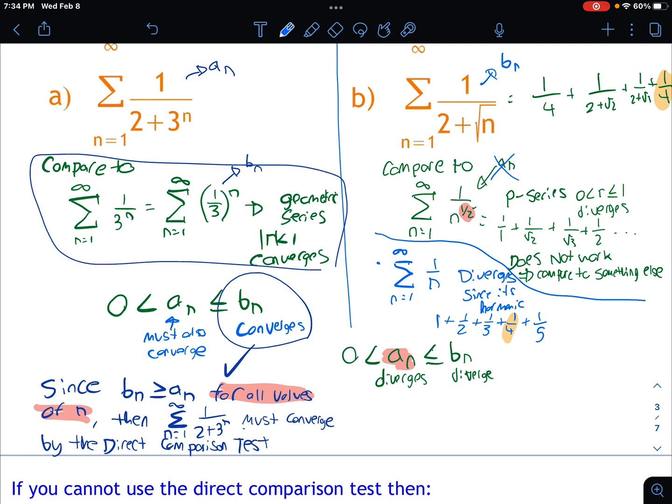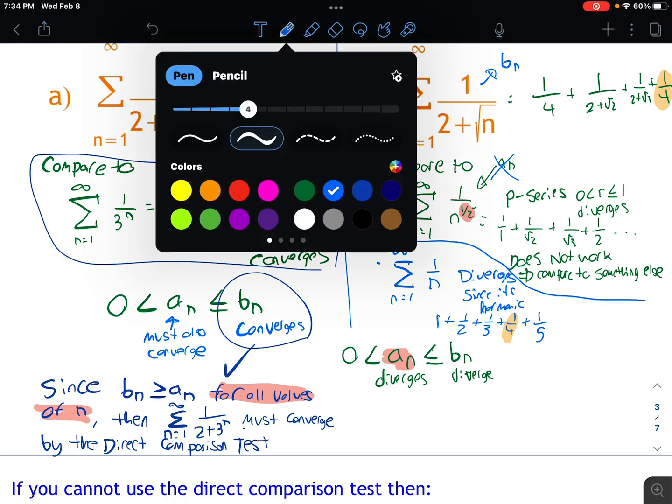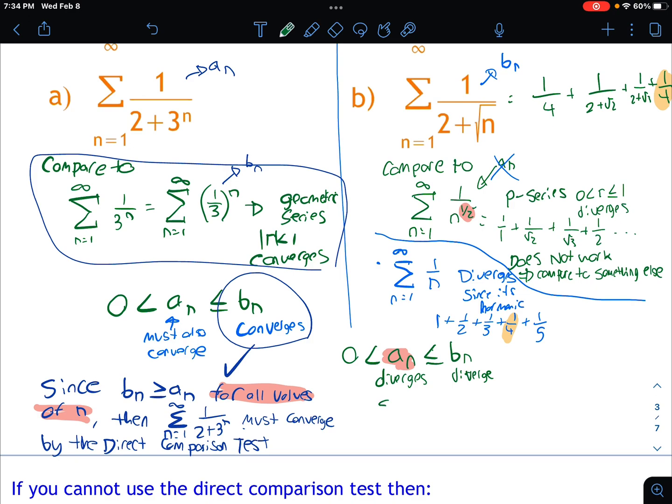So b sub n is going to be, I think I said this correctly. Yeah, I did. So we're able to go through and apply this. So since b sub n, am I writing this out correctly?